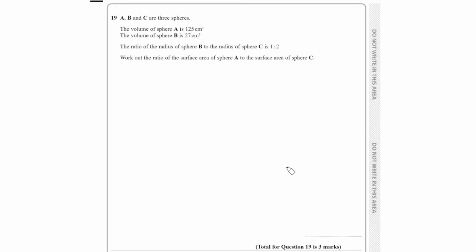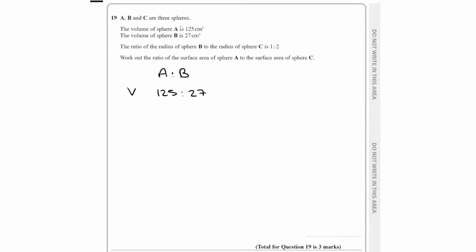So what we want to do, I guess you might write it differently to me, but they've chosen 125 and 27 deliberately because, you see, volume is cubed, isn't it, 3D, they are cube numbers, so they've chosen that deliberately. So what you can do is write a ratio A to B. The volume is obviously 125 to 27.